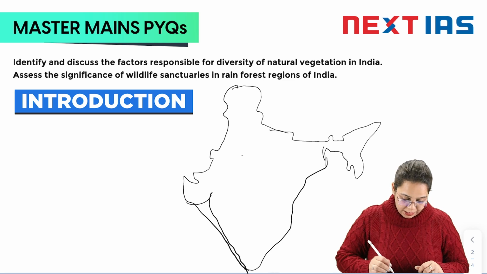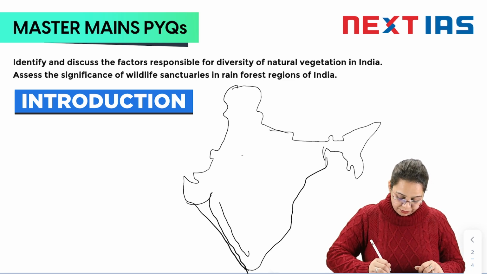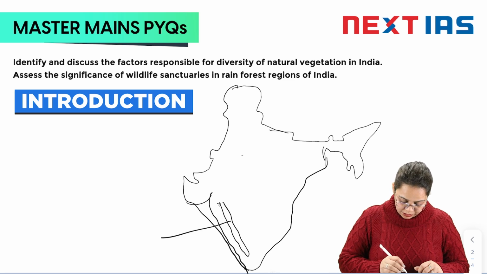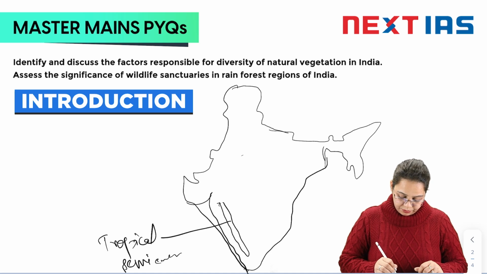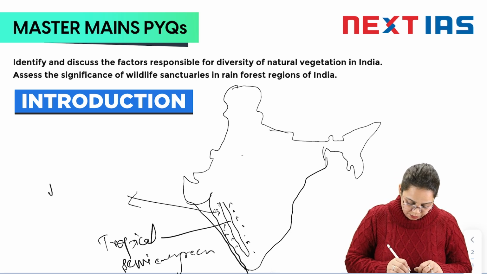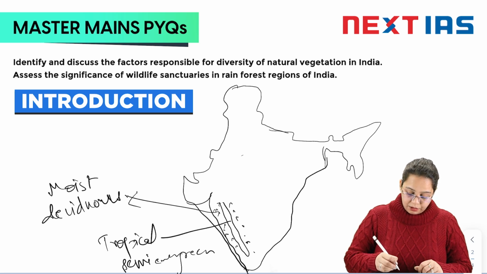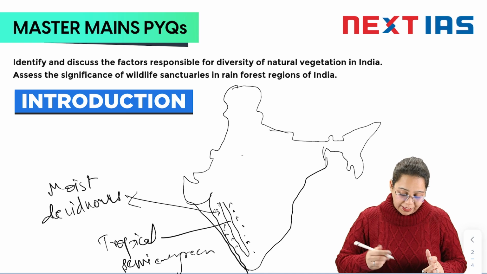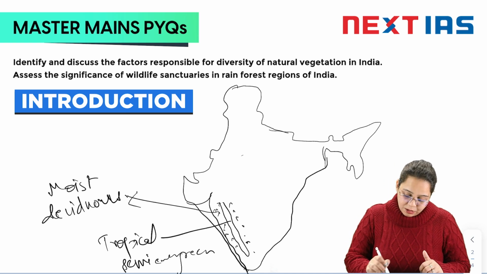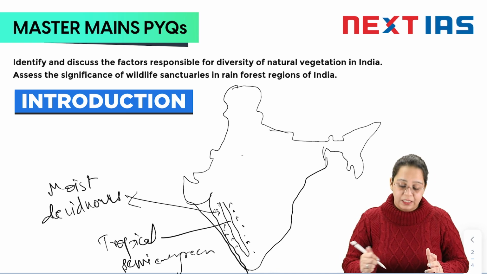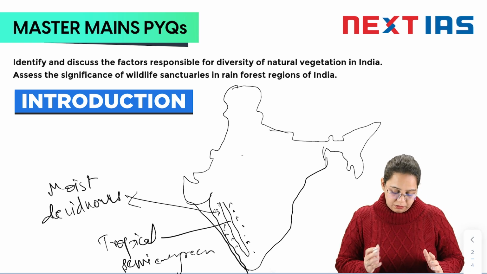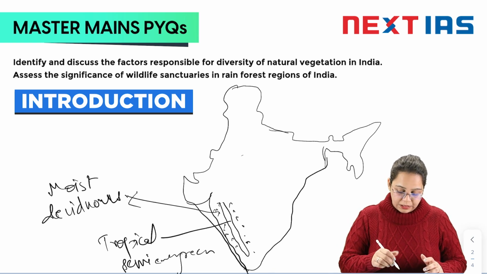One by one, here it is tropical semi-evergreen, and near to it you can find moist deciduous. Drawing a map might fetch you some extra marks, because natural vegetation is clearly asked in the question, and mapping it asserts that you know where these areas lie.